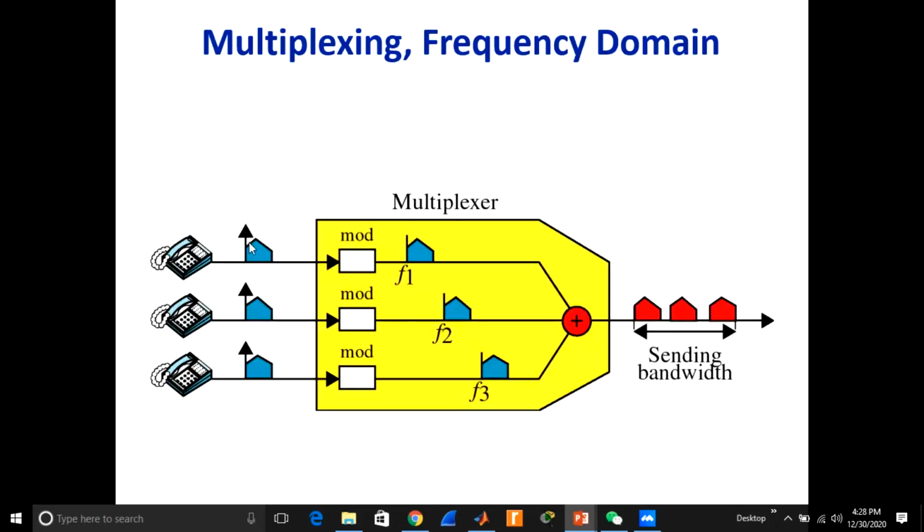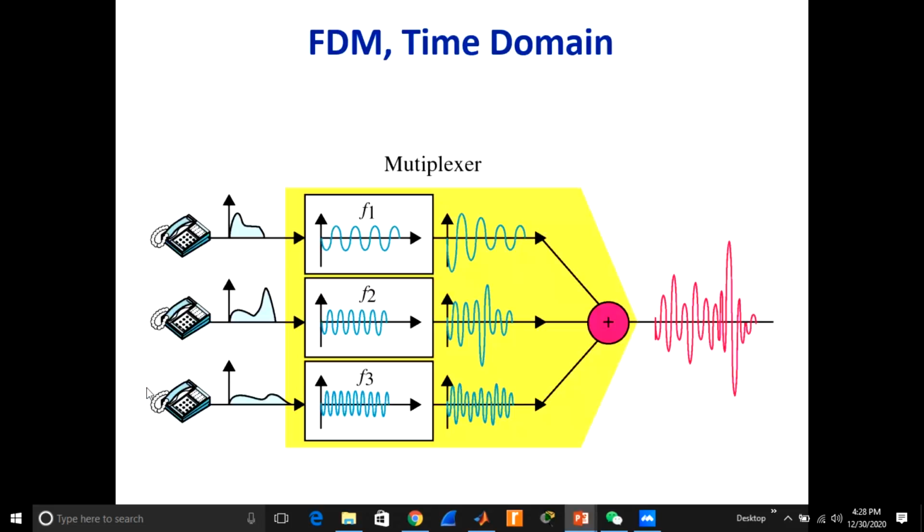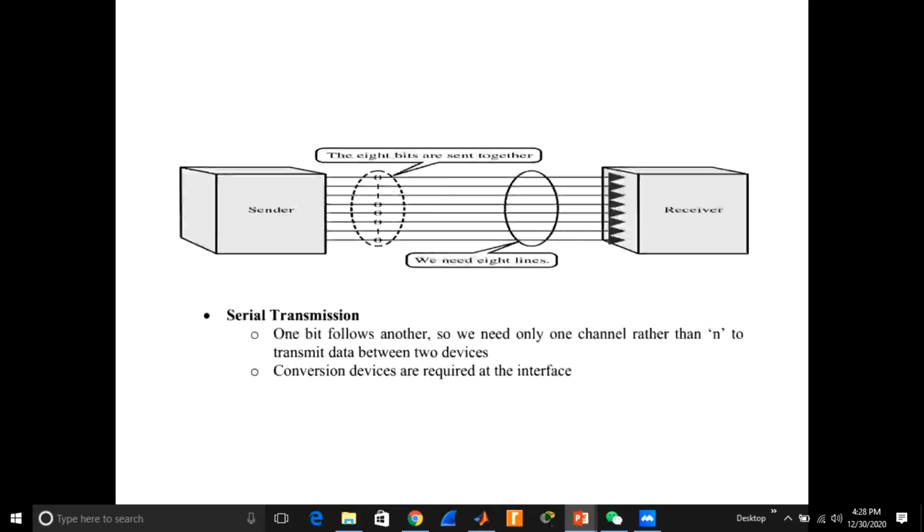This is the previous example, but the signal in this diagram is in the time domain. Now we have converted them into the frequency domain by applying some techniques, such as frequency modulation. You will study in your other subjects how to convert from the time domain to the frequency domain.